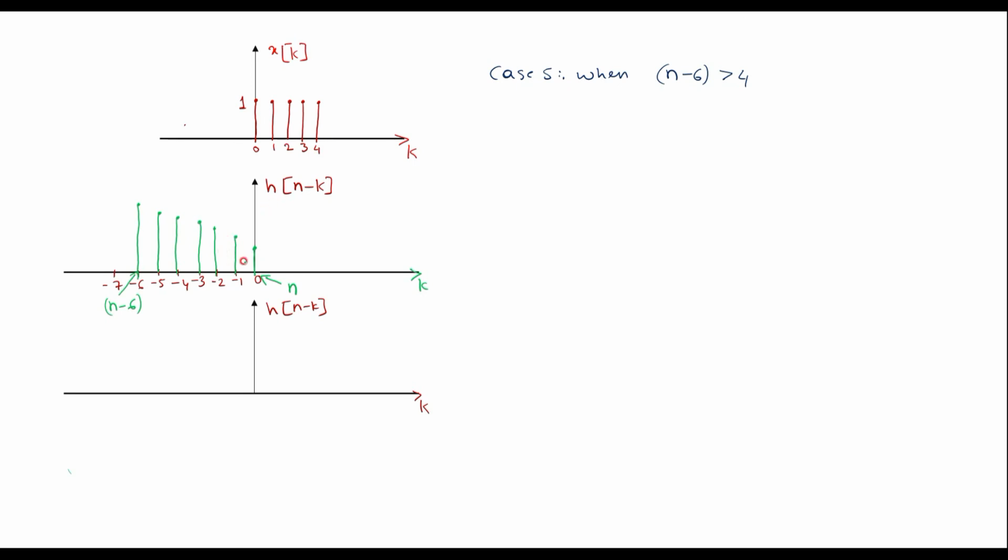Now we are supposed to shift this h of n minus k towards the right such that this n minus 6 sample should be more than 4. That is, now assume that this is 0, 1, 2, 3 and 4. So beyond 4 we are supposed to shift the tail end of h of n minus k, that is this n minus 6 sample.